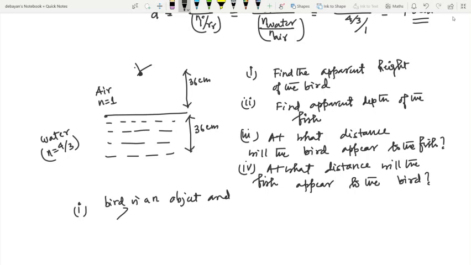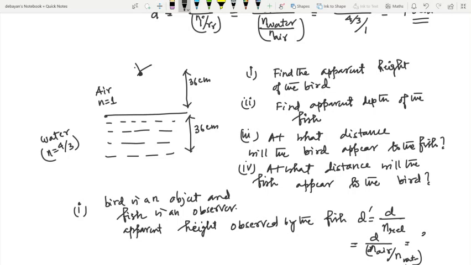Because you have to find the apparent height of the bird, the apparent height observed by the fish should be d by the relative refracting index, and the refracting index is air by water, and that should be 36.